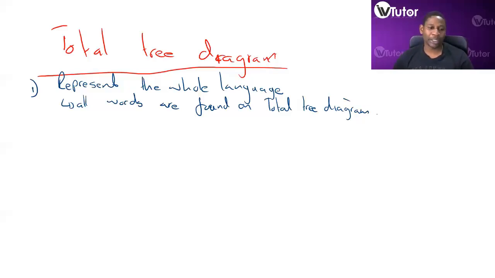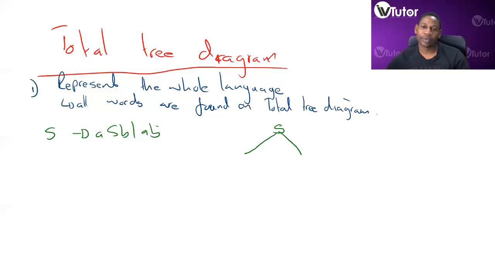So in our previous example where we had S goes to A, S, B, A, B, the total tree diagram for this would look like this. So we've got S, right? The nodes will be the different productions.